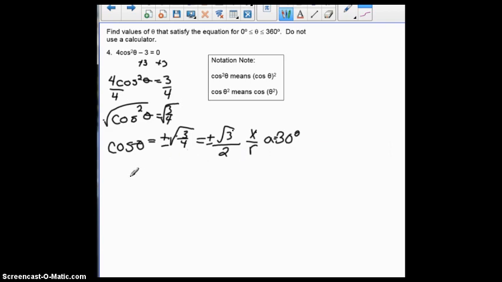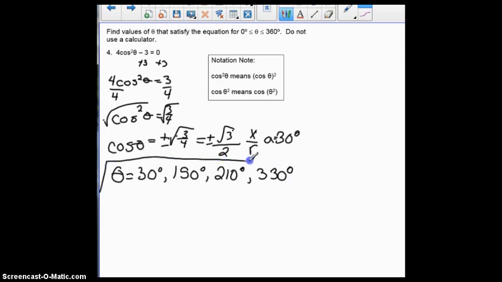If you'll recall, our angles with reference angle 30 are 150 degrees in the second quadrant, 210 degrees in the third quadrant, and finally 330 degrees in the fourth quadrant. That sums up the lesson.